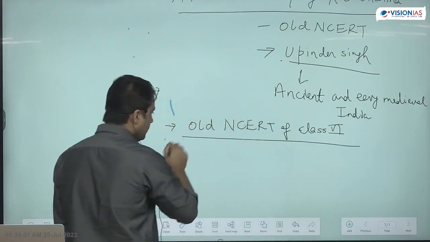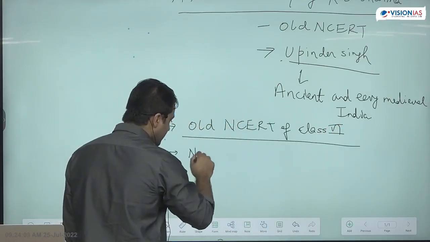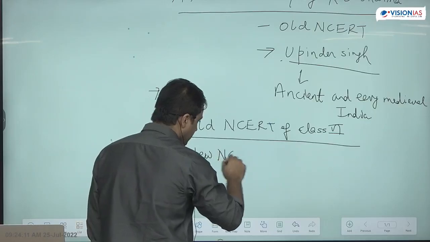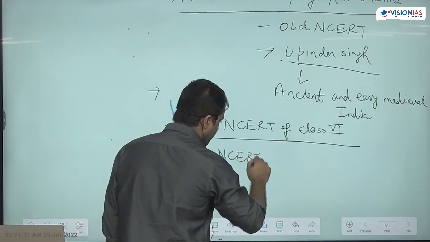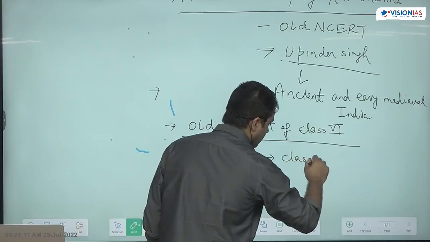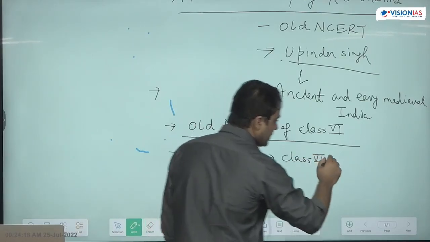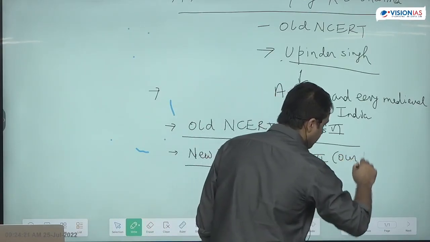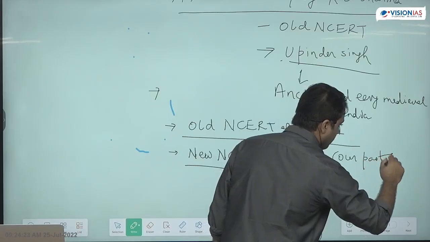You can read this, and even you can read new NCERT. Now new NCERT of class 6th. If you go to class 6, there is a book called Our Pasts 1.